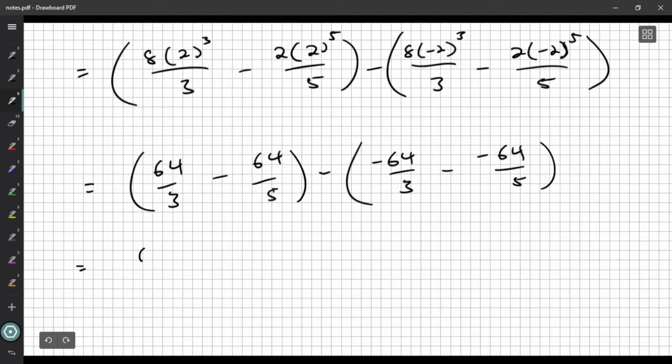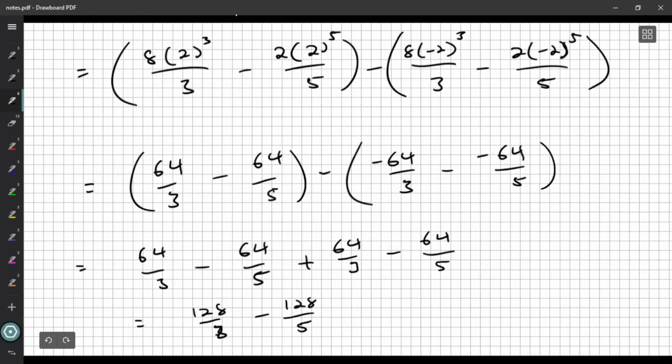Okay. So that'll turn into 64 over 3 minus 64 over 5 plus 64 over 3 minus 64 over 5. That's 128 over 3 minus 128 over 5. Okay, and now we can get a common denominator here.